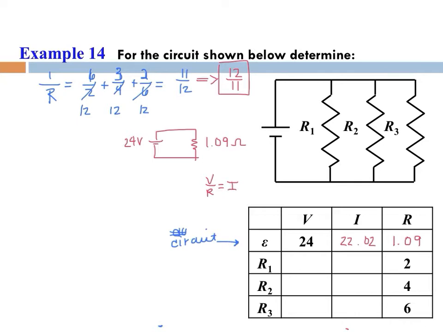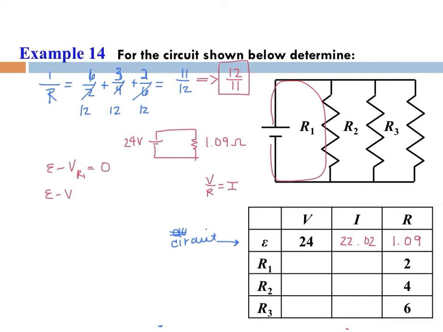Now again, you need to look at what your circuit's doing. If I were to take this path, that's one loop, I would have to do that voltage minus my voltage across resistor 1. That would have to give me 0.